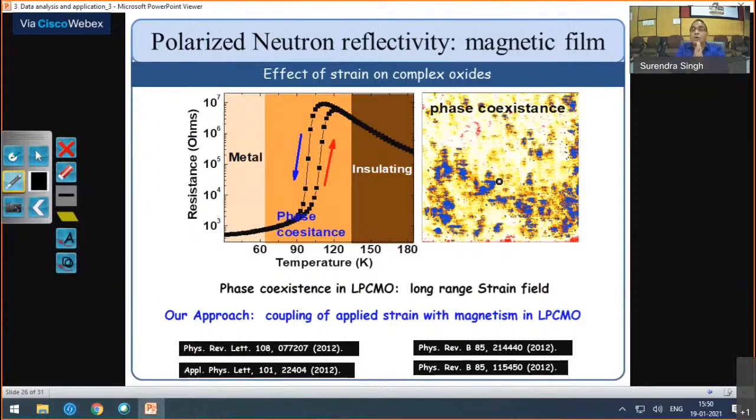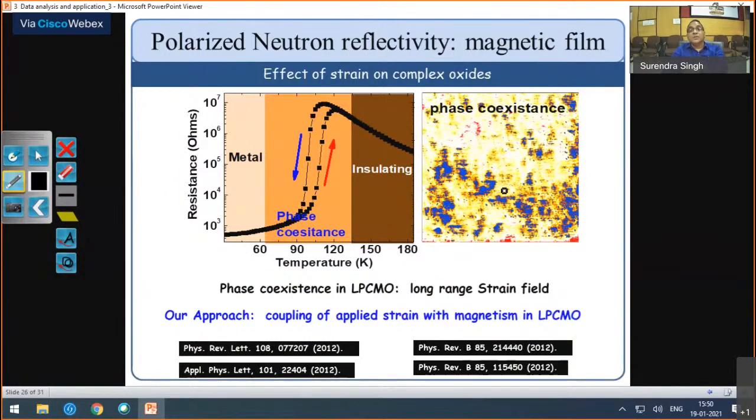So there was a theory like this. To find out how this strain changes the magnetization in this system, when we apply a strain, what happens to the magnetization of this film?